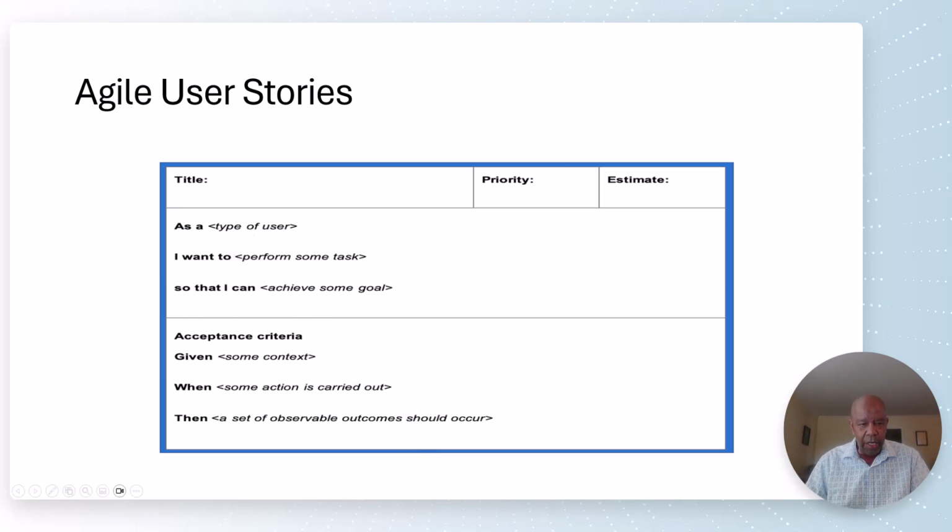So let's see. As a student, I want to be able to look up my text for my class online so that I will be ready for class when the semester starts. Here's my acceptance criteria.